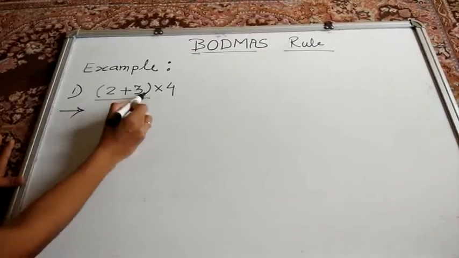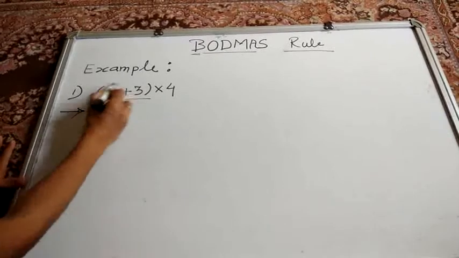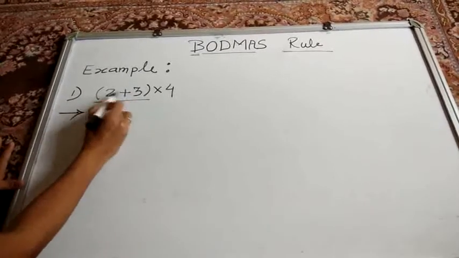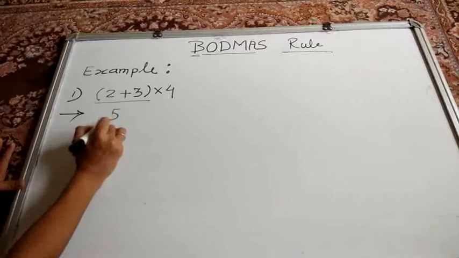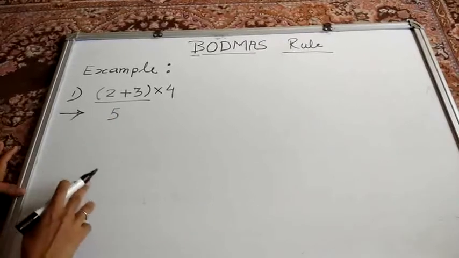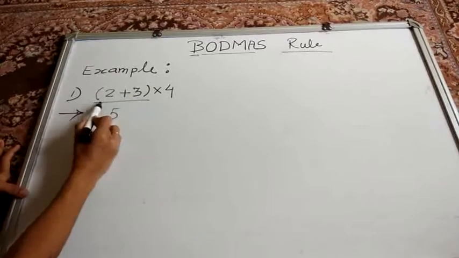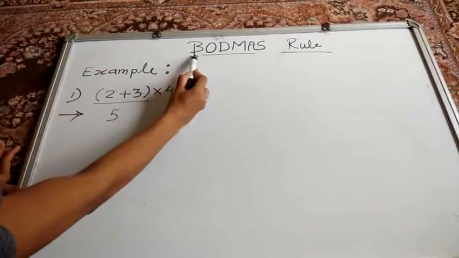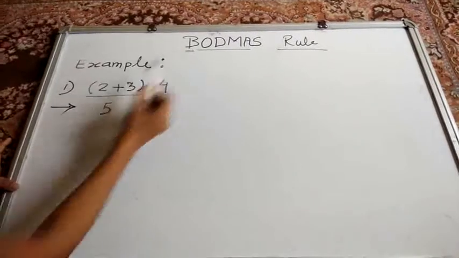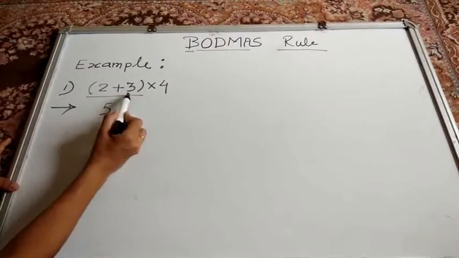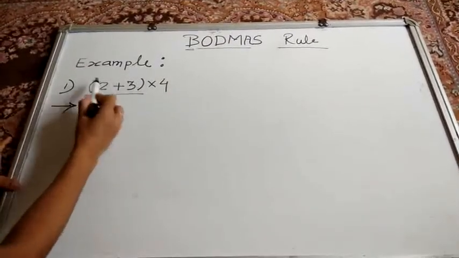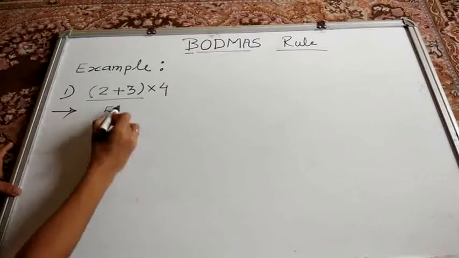Now, in the bracket, addition is given. So, solve this bracket first. 2 plus 3 is 5. Now, remember, after solving, the bracket must be removed. What is next?